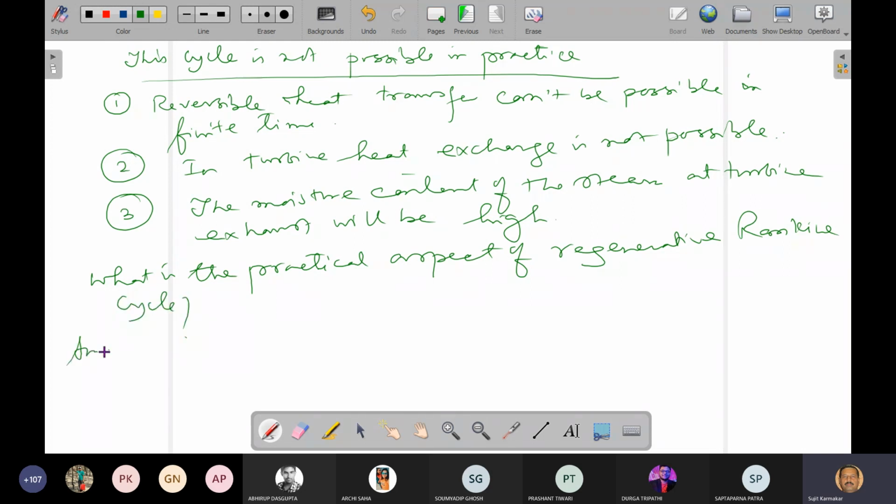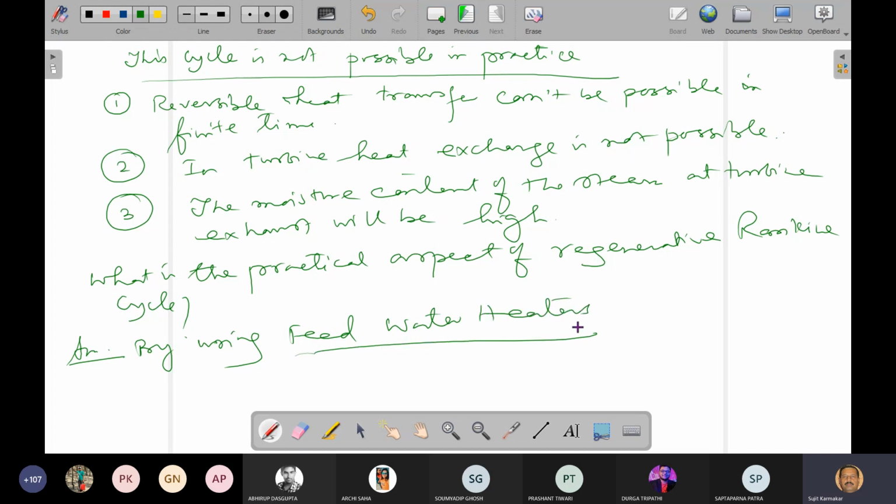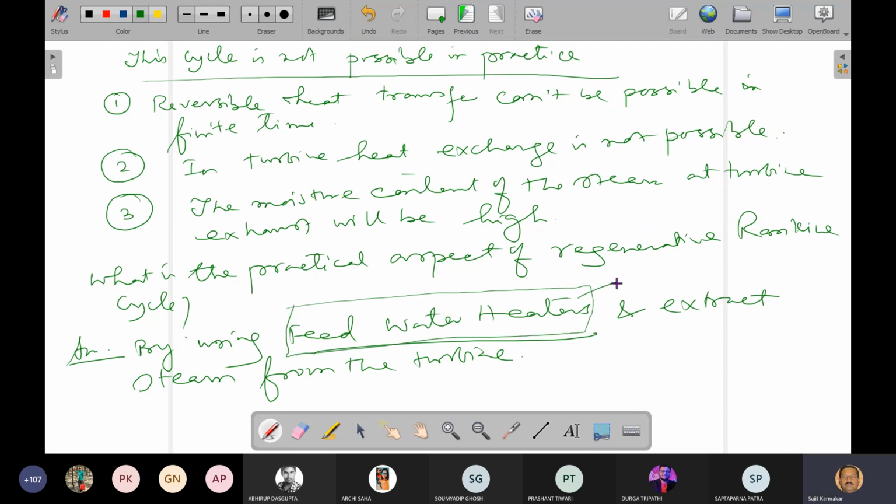The answer is by using feed water heaters, extracting steam from the turbine. I shall explain what the feed water heaters are. We can write it in brackets: FWH, feed water heater.